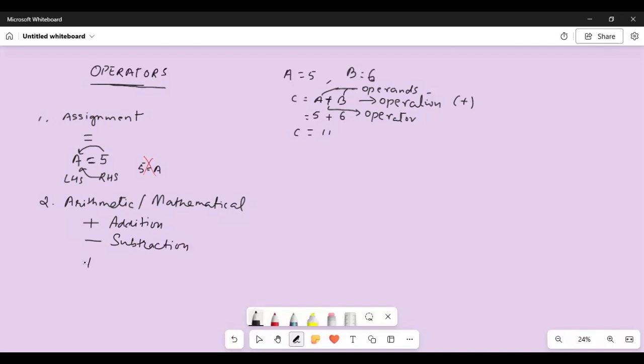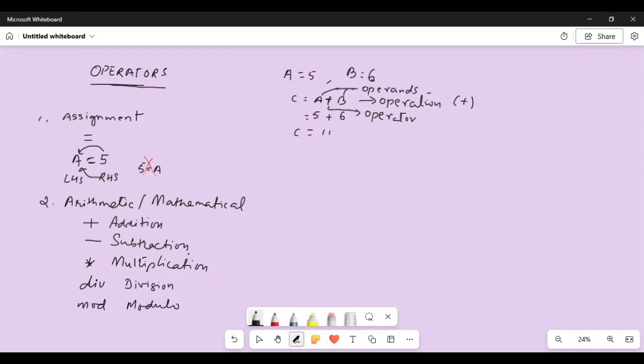Then you have this asterisk, which is for multiplication. Then you have the operator div, which we write as div in pseudocodes. This one is for division. And then we have an operator which is called the mod, the modulo operator.